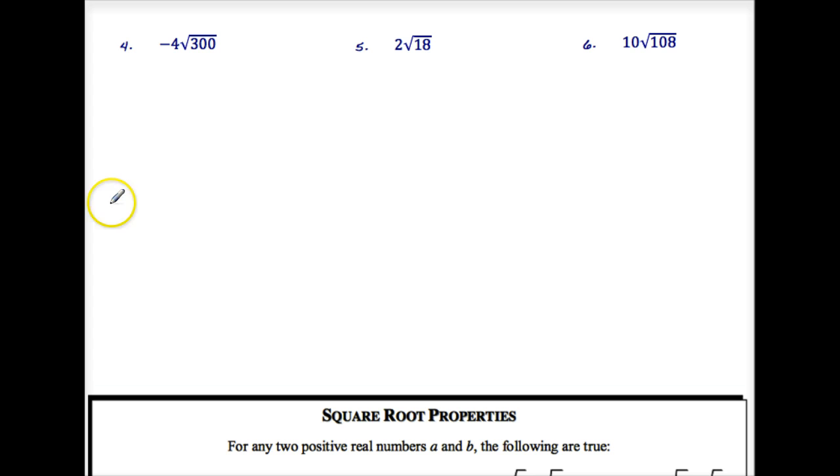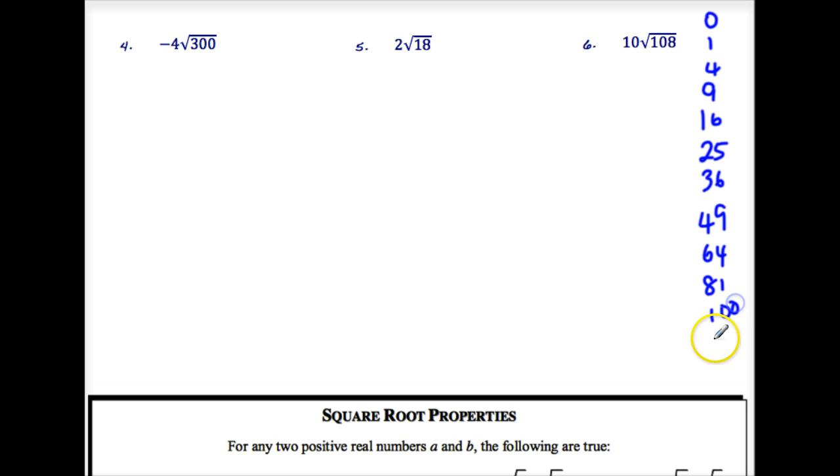Now what happens with these ones when there's a number outside? Again, we're doing the same thing. So really quick, let's just write my number line again in the corner. I'm going to write my number line here: 1, 0, 0, 1, 4, 9, 16, 25, 36, 49, 64, 81, 100, and 121.